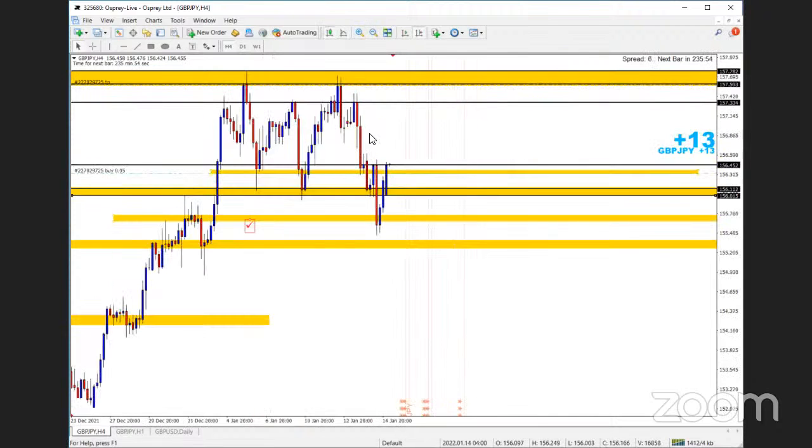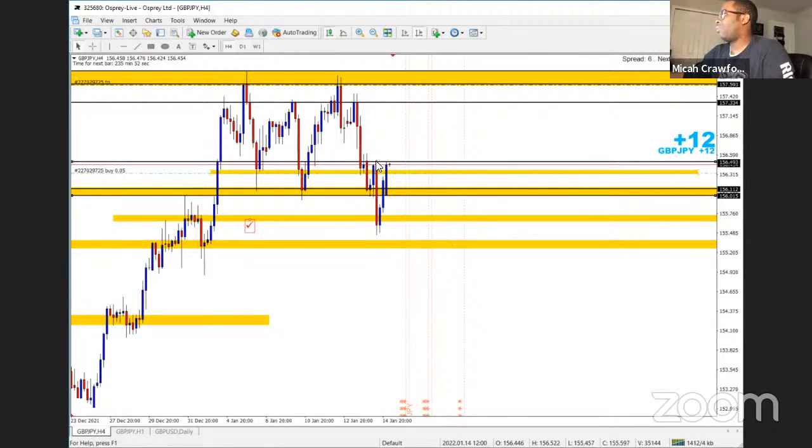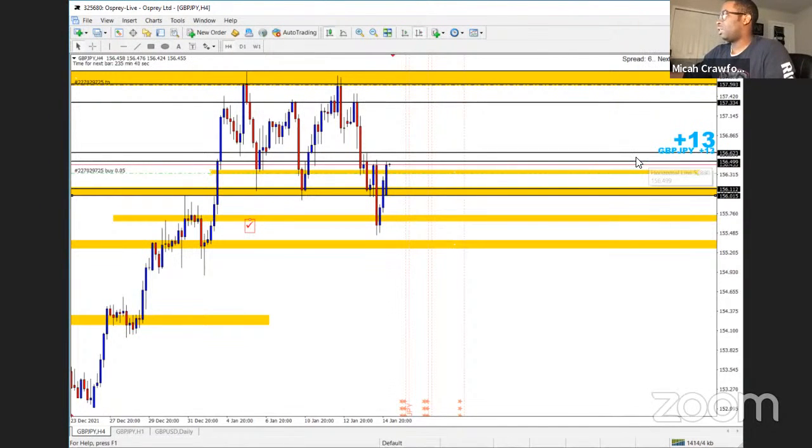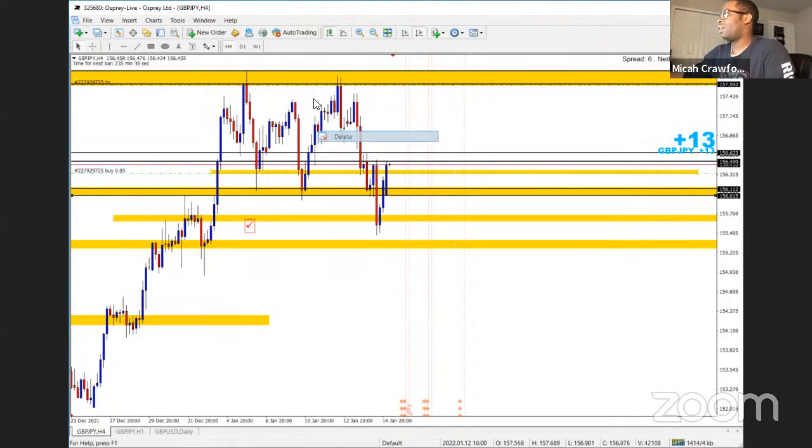So see if it breaks right above here, that would be my new entries right above there. So you'll get another entry. Yep, those will be my new entries right above there.